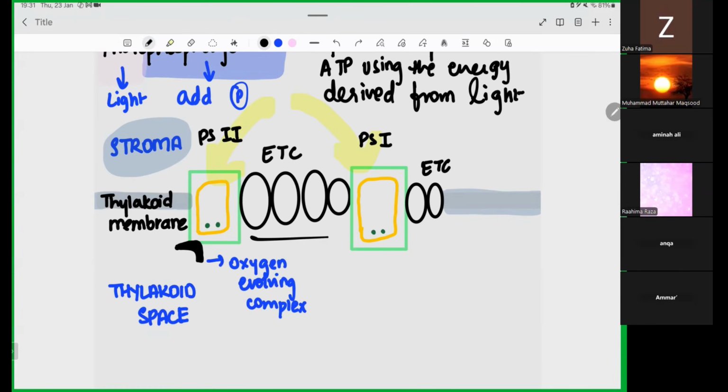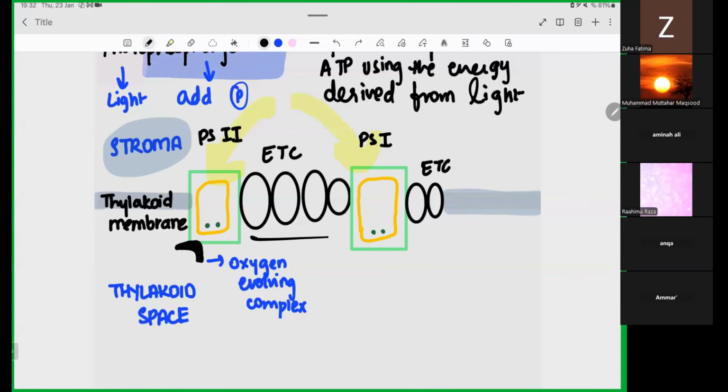Maybe you have studied in physics or in chemistry, in the chapter on transition elements or in your physics chapter on atomic spectra, that the electrons can absorb energy, can absorb a photon, and they can go to a higher energy level. So exactly the same mechanism happens over here as well.